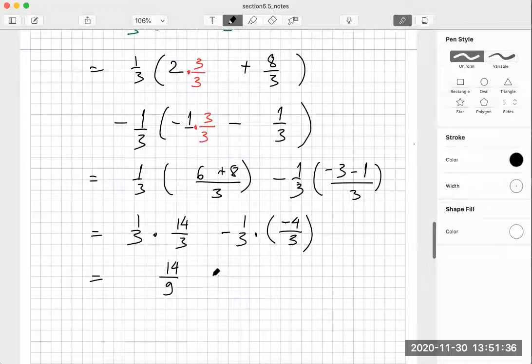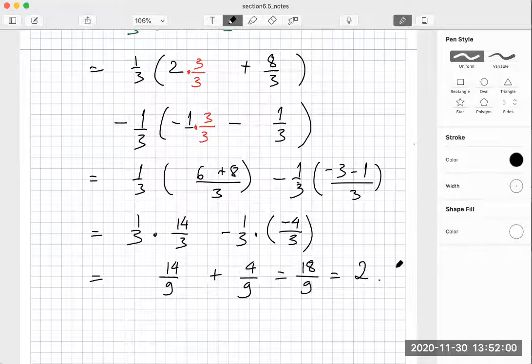Negative times negative gives us a positive. 4/9, right? And finally, it will be 18/9, right? And we need to simplify it. 18 is 9 times 2, 9 cancels with 9 and gives us 2.